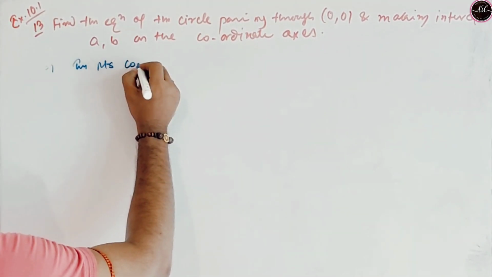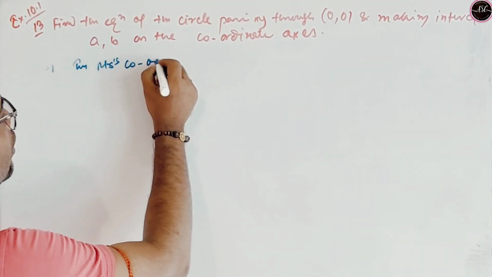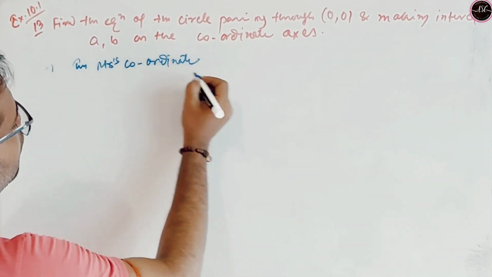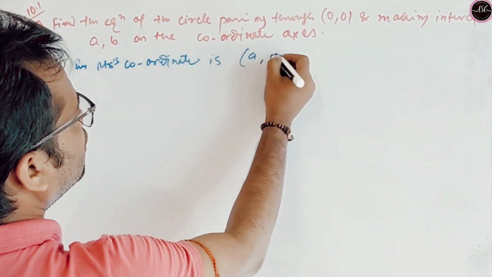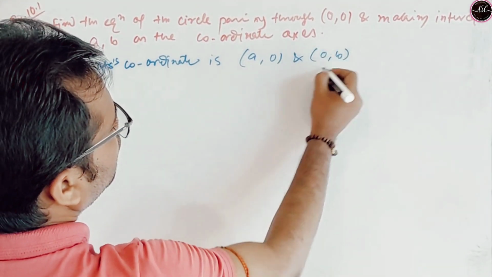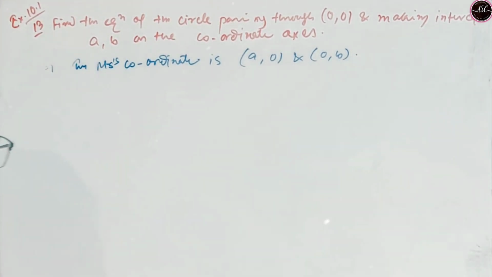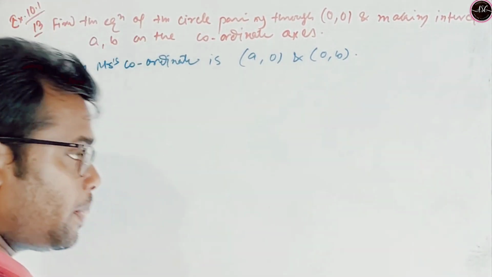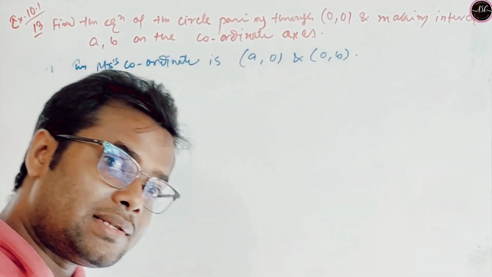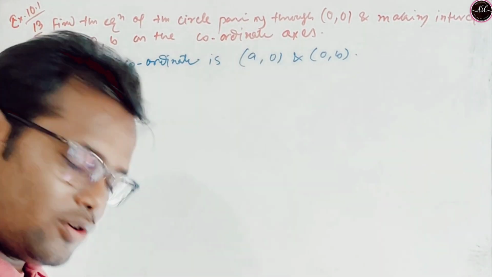Okay. So the points' coordinates are a, 0 and 0, b. So this is the point of intercept. So the circle should pass through these points. Okay.